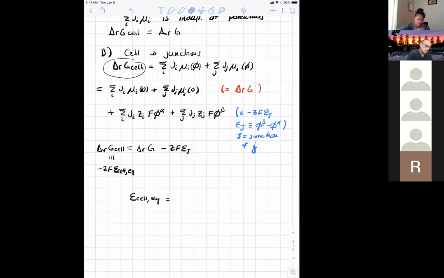Getting a little sloppy here. This is going to be minus delta G over ZF if there's no junction. If there is a junction, we just have to include a junction potential, right?